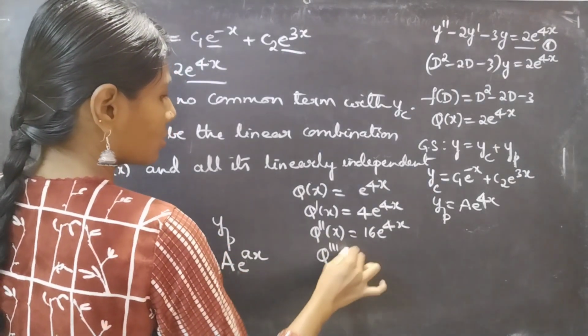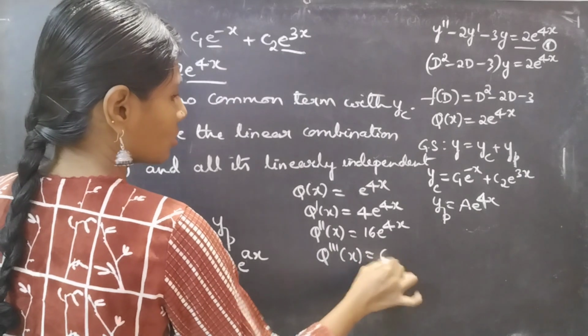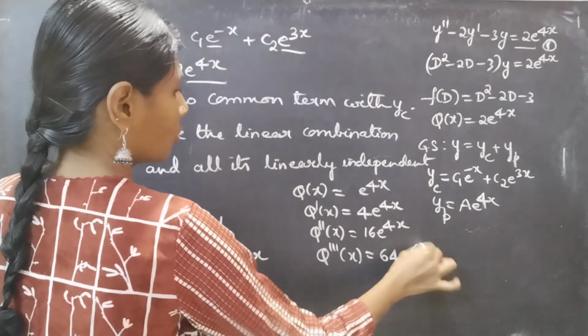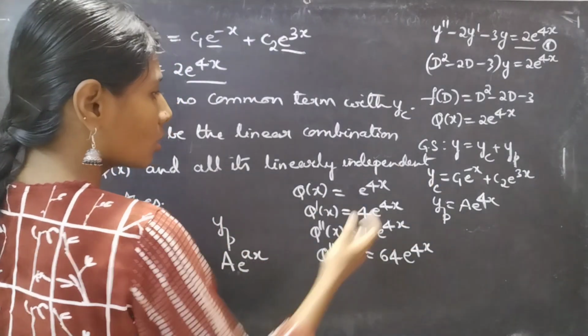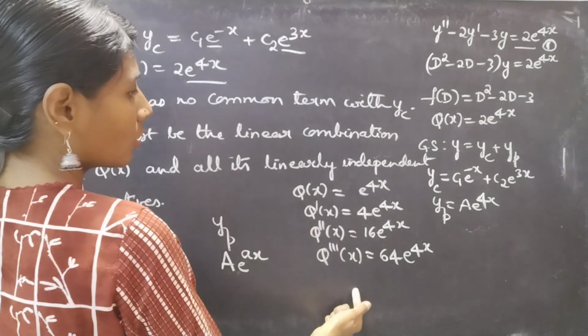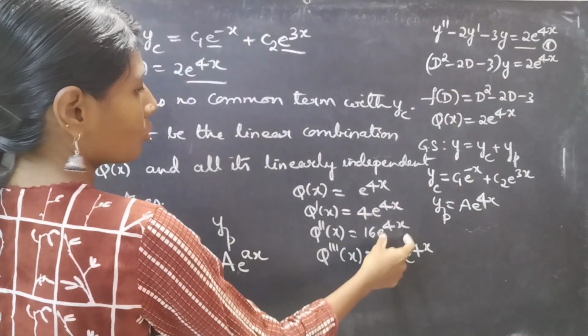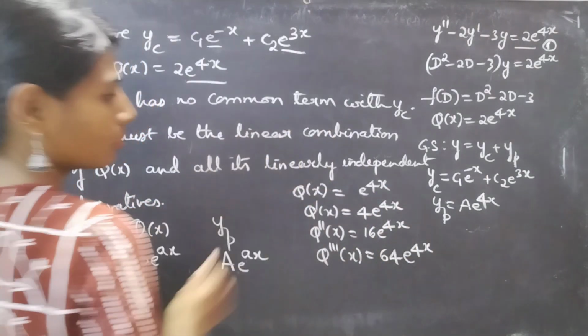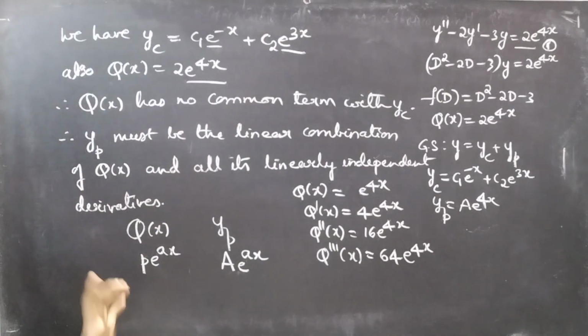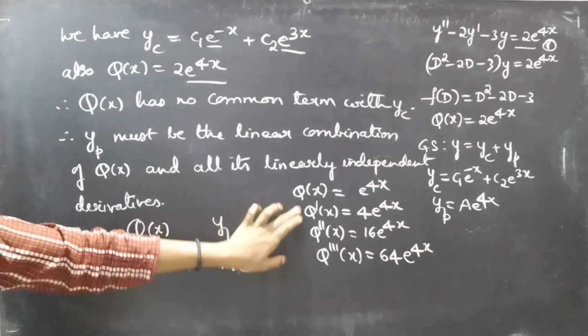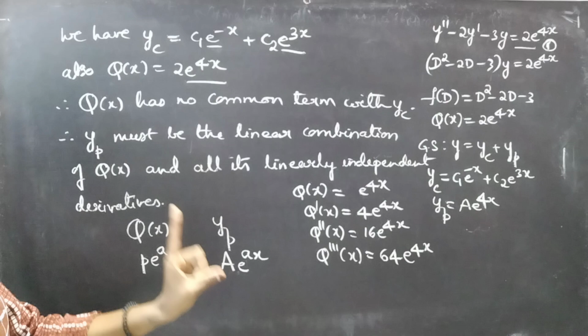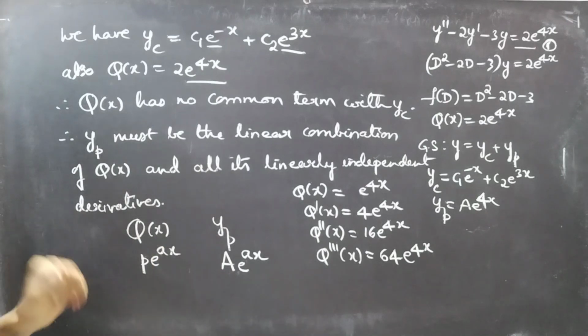Q triple dash of x is 16 4s are 64 e power 4x. Finally, what you'll notice, in q of x and all its derivatives, we have e power 4x with some quotient, right? So, q of x and all its derivatives has only one function, e power 4x, right?